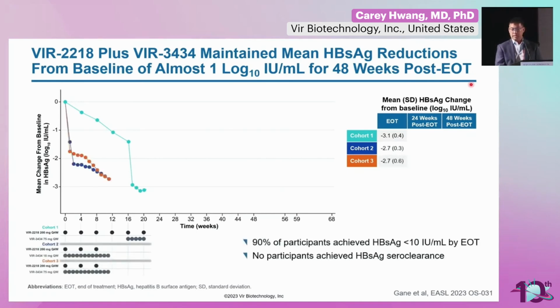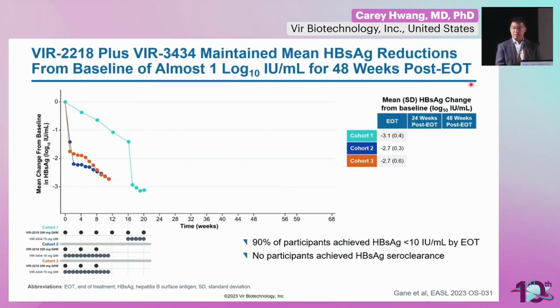When we looked at 2 different doses where we administered both the siRNA and the antibody together from day 1, again you get about a 2 log decline initially, and then a steady decline over time. If you draw out the curve beyond 12 weeks, you'll probably get to the same point that cohort 1, the light blue, gets to.